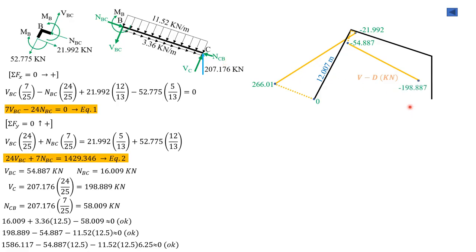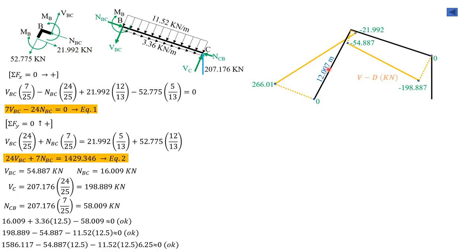So we have negative 198.887 minus 11.52 times 12.5. Then plus V sub C, which is 198.889, so that is approximately 0. There's a small discrepancy. Then there's no shear and moment in this section, so that's the complete shear diagram.